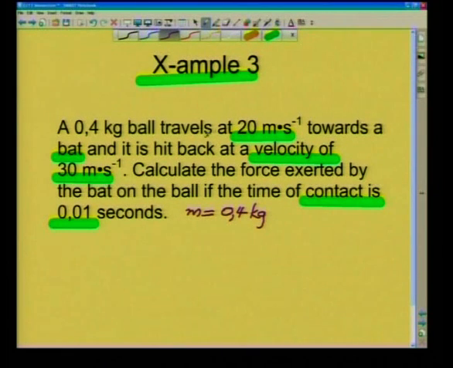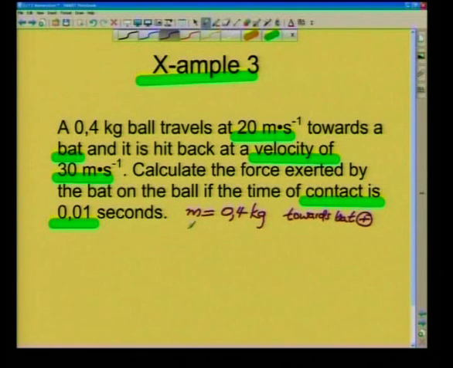We are told this ball is traveling at 20 meters per second towards a bat. So let's take towards the bat to be positive. This is very important for you to do because we're talking vectors. So anything away from the bat will be negative.